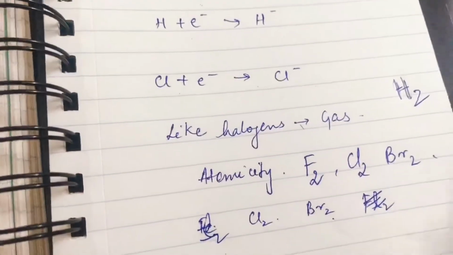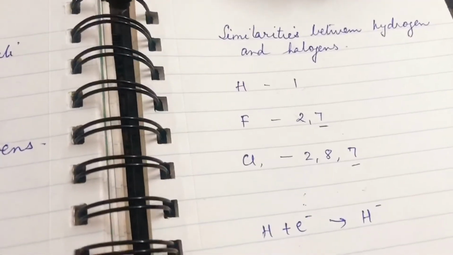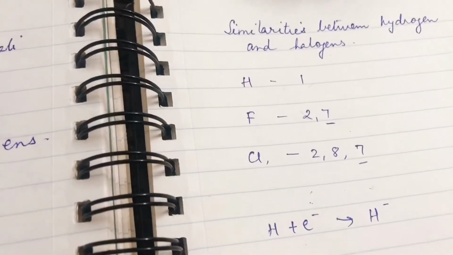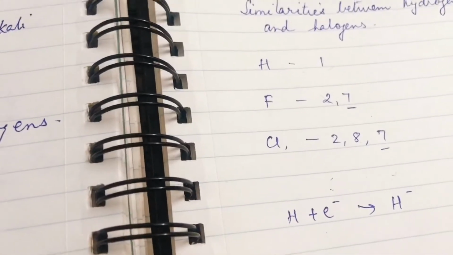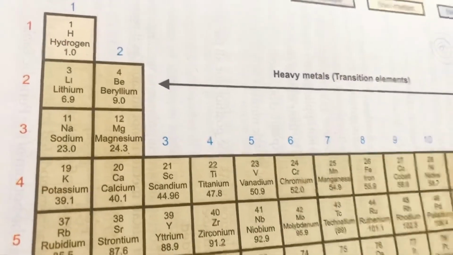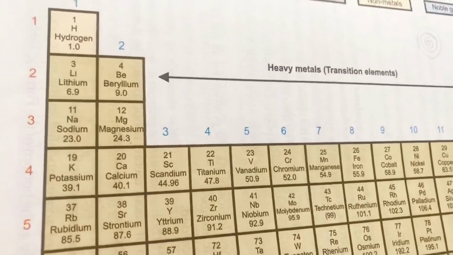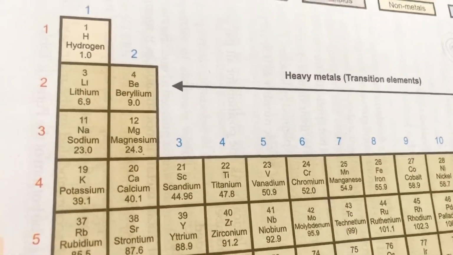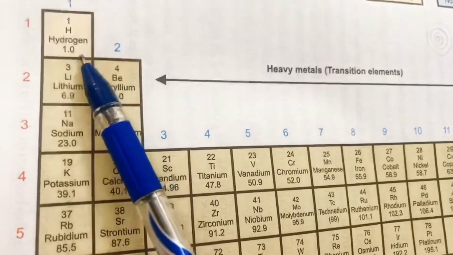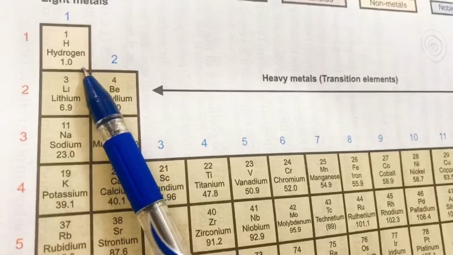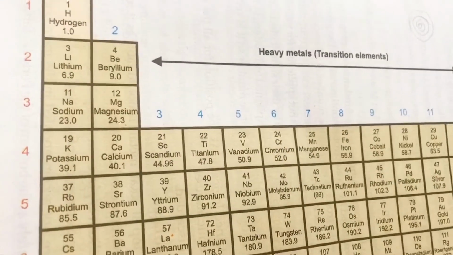So these are the characteristics, students, why we are saying that hydrogen is similar to halogens and hydrogen is similar to alkalis, and hence the position of hydrogen is still contradictory. But for convenience, Henry Moseley placed it in group 1, which falls in the group of alkalis, right?